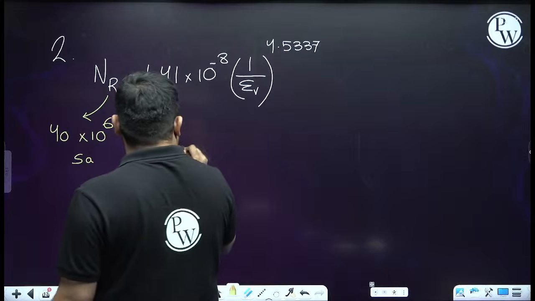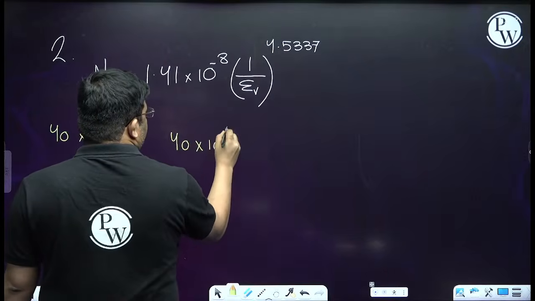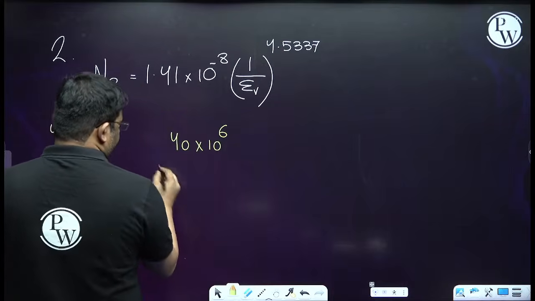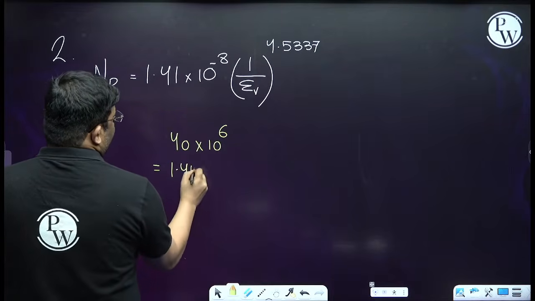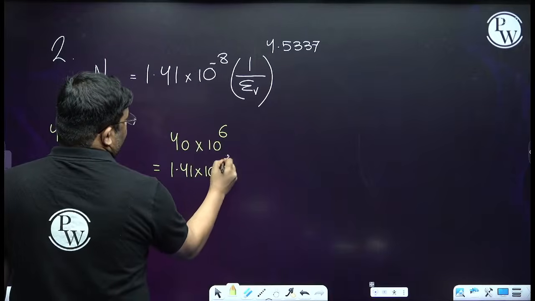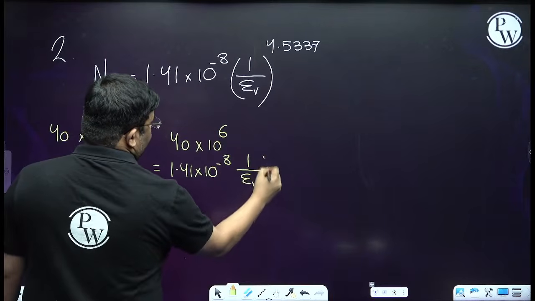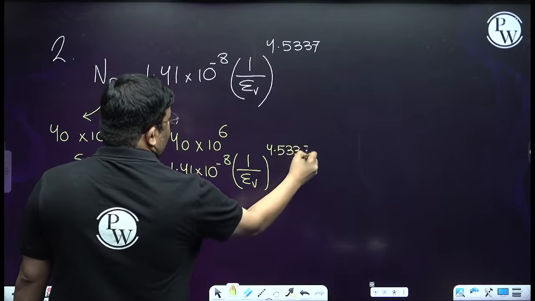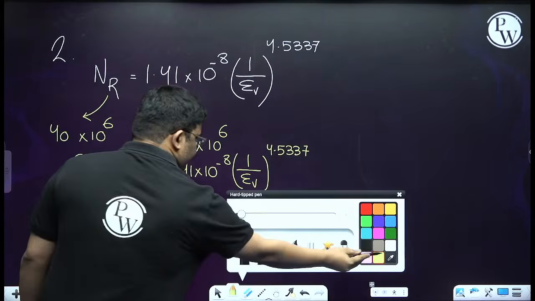Now you see 40 into 10 to the power 6 becomes equal to 1.41 into 10 to the power minus 8, then 1 by vertical strain to the power 4.5337. Now we just rearrange this equation.